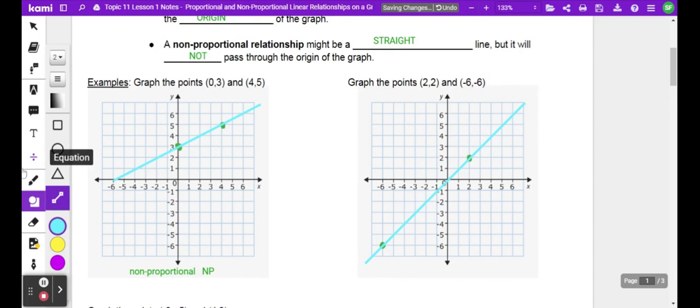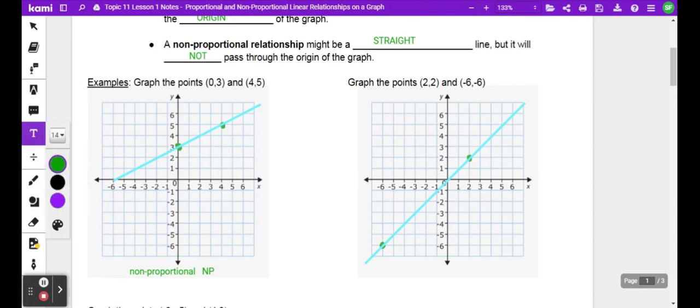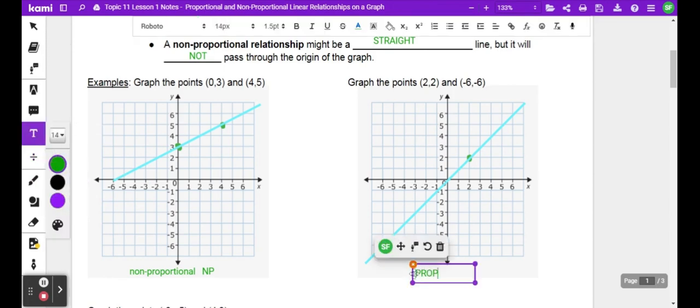And again, asking ourselves a couple of questions to decide if it's proportional or non-proportional. Do we have a straight line? The answer to that question is yes. And does that line pass through the origin? The answer to that question is yes. So this is a proportional relationship. Just refer to it as P from now on. Again, a straight line passing through the origin instantly makes it proportional.